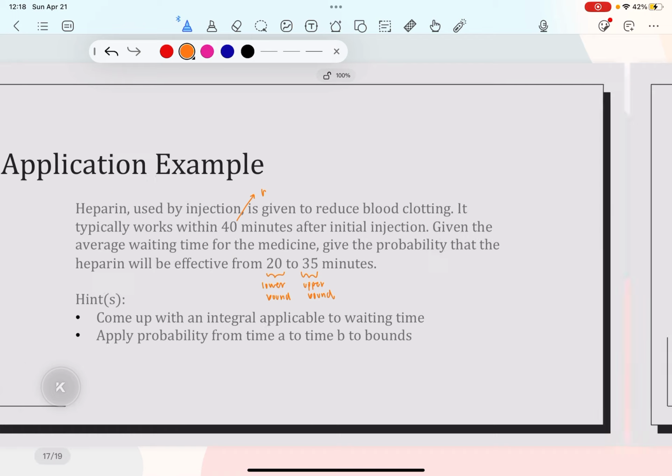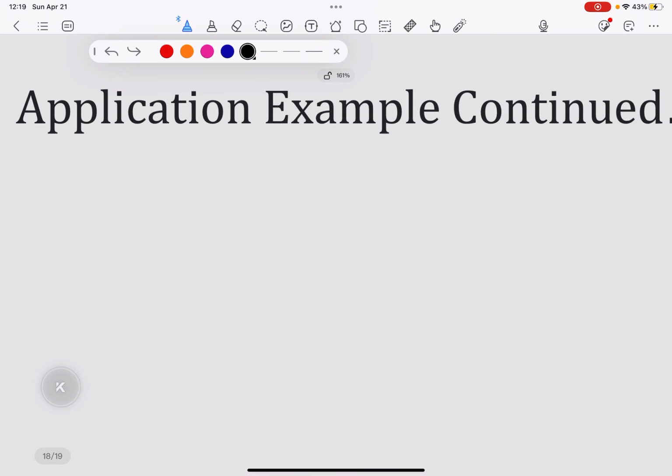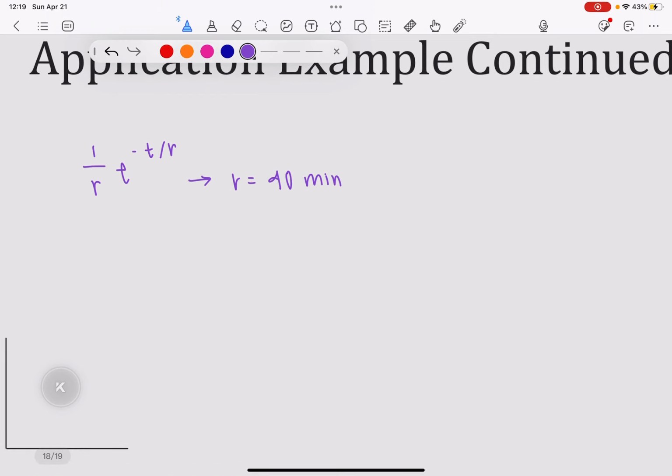So take a look at that. It's okay because I got my little answer key. That's really nice, handy dandy over here. So let's do something that's a little bit more exciting to look at. Okay. 1 over r equals negative t, and this is pretty standard for waiting time. And note that r is going to be equal to 40 minutes, okay? It doesn't really matter unit-wise. It's all going to work out the same as long as it's consistent throughout the formula, okay?